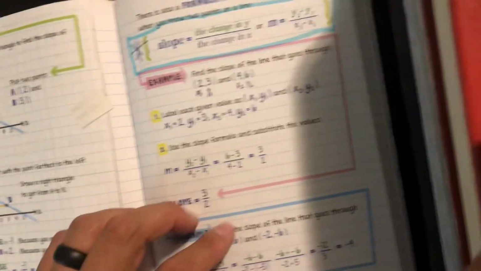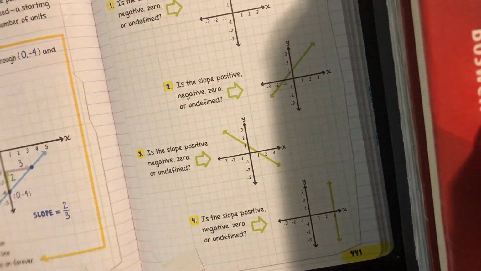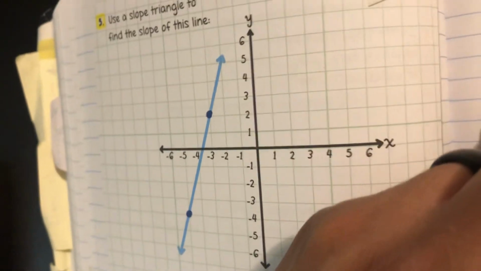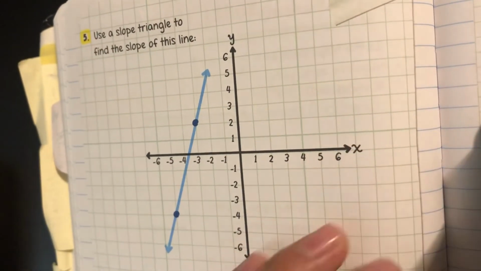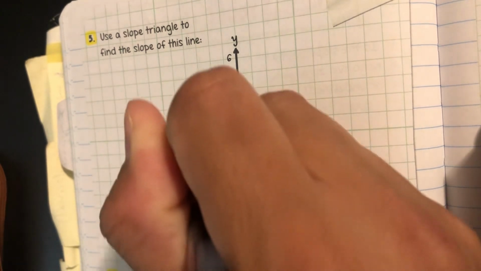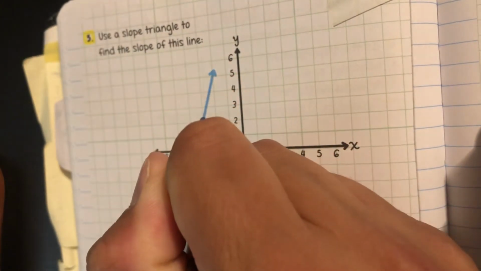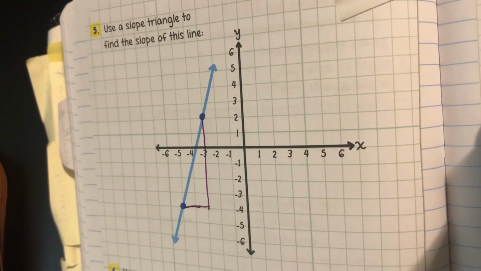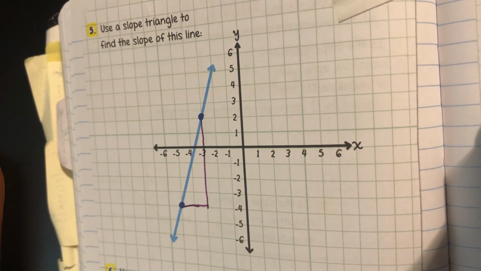So all you're doing is using the slope triangle, connecting these spots for like number 5. Connecting these spots to solve. Okay, so you're doing 1 through 8. You're doing it right in your math Bible.